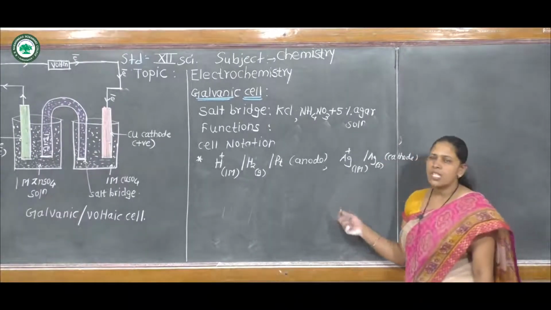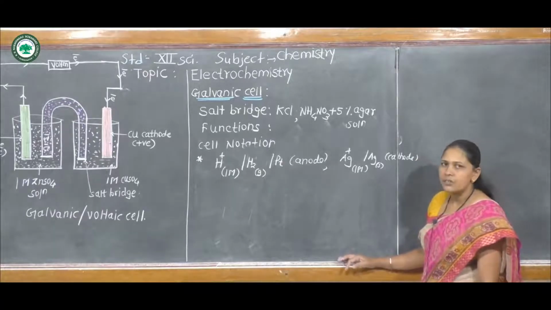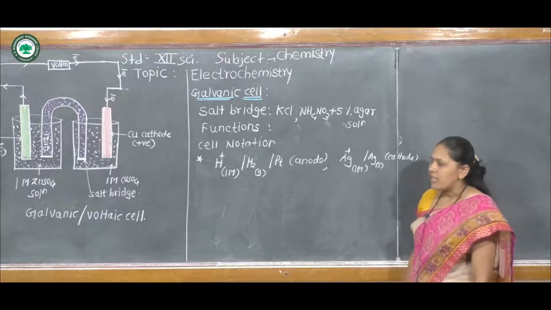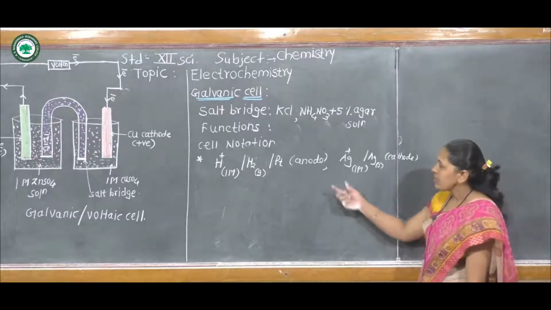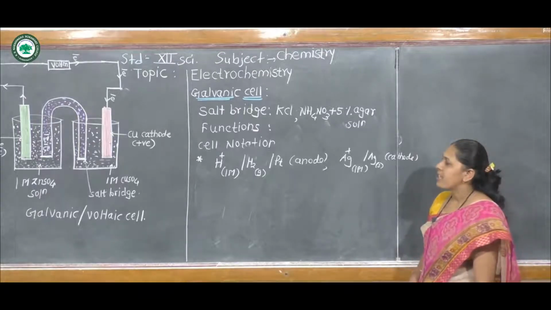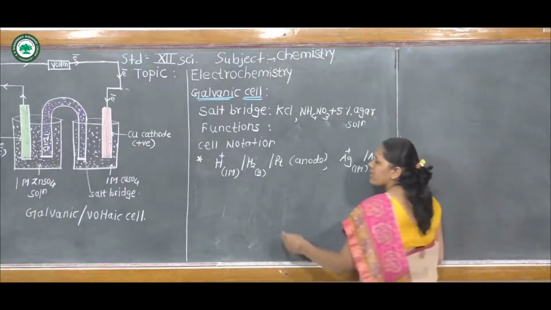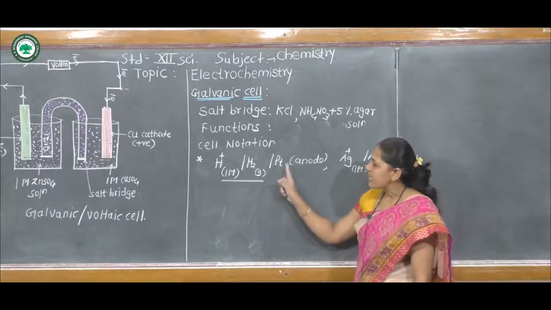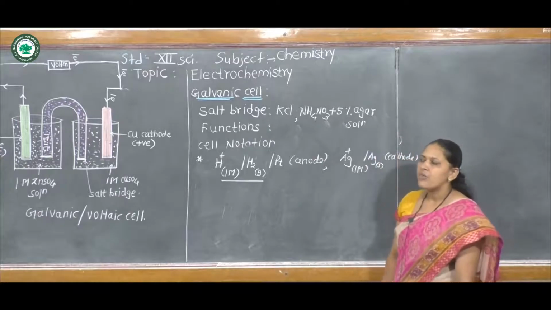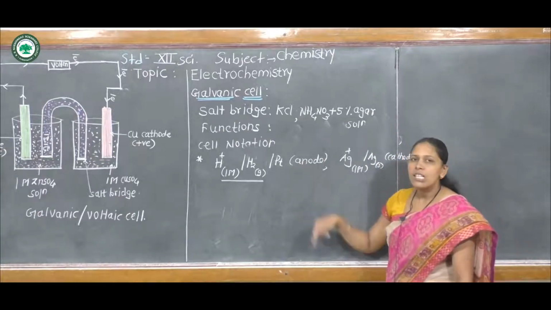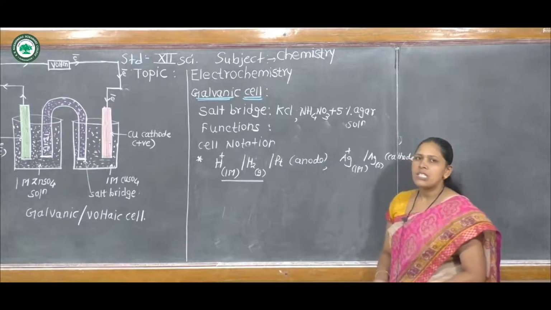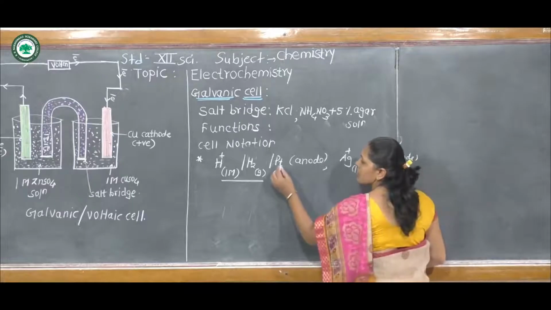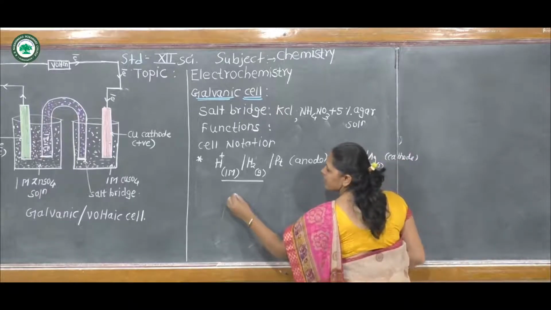From these two half cells, we have to write the cell notation. We know that the anode is placed at the left hand side. Therefore, the hydrogen gas electrode is placed at the left hand side, but its sequence, since it acts as an anode, is aqueous first and then inert electrode. And we know the first rule, metal electrode or inert electrode is placed at the end of the cell formula. Here the platinum electrode is the inert electrode, therefore this sequence must be reversed.